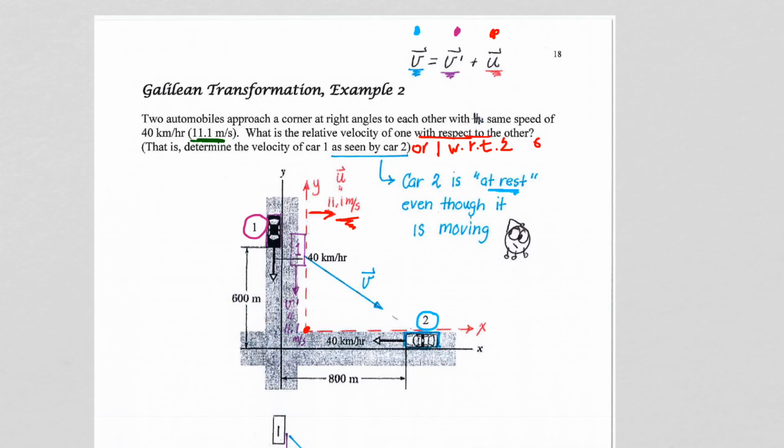Or you may see 1 relative to car 2. So any of that language tells you that it's car 2 that is going to see the blue vector and is going to be our at-rest observer.